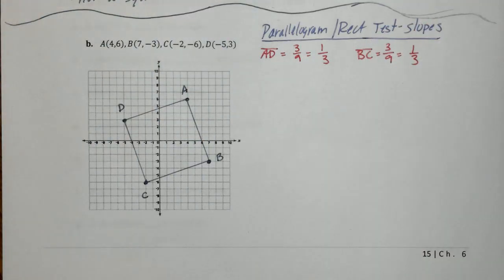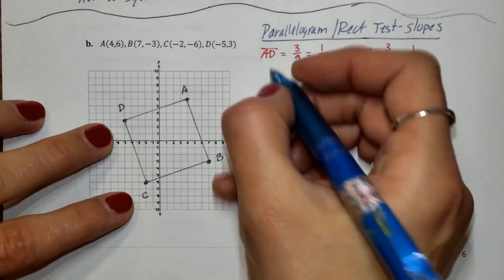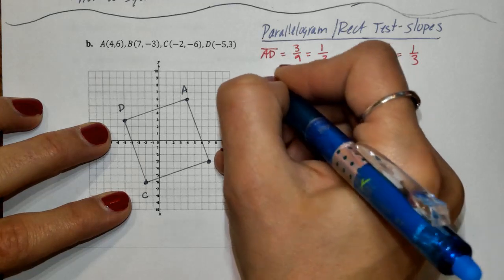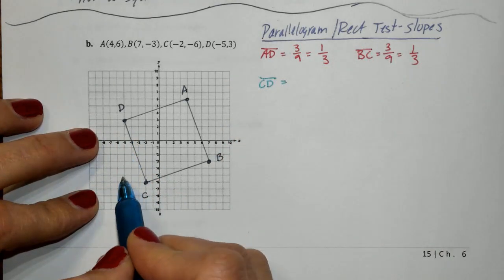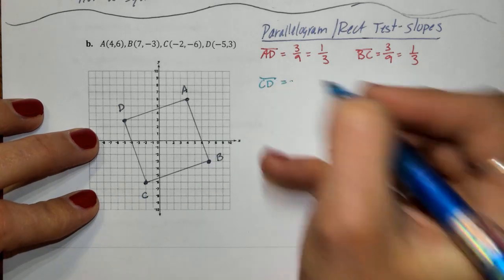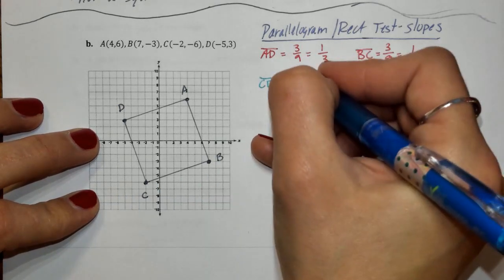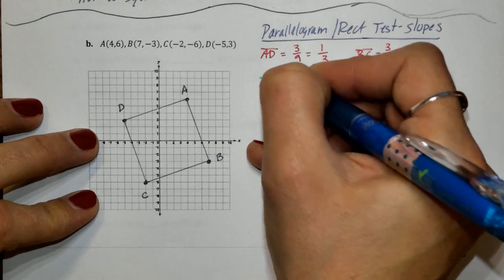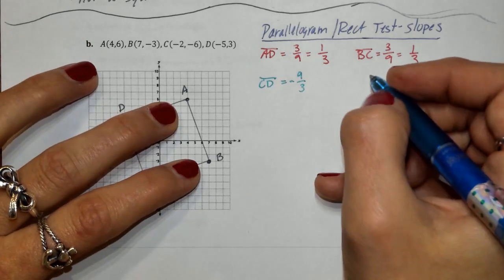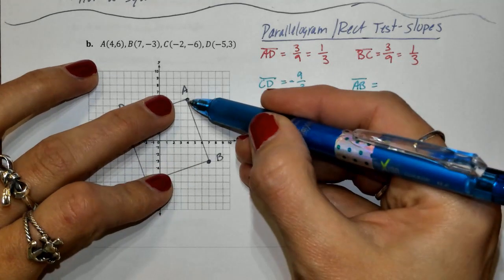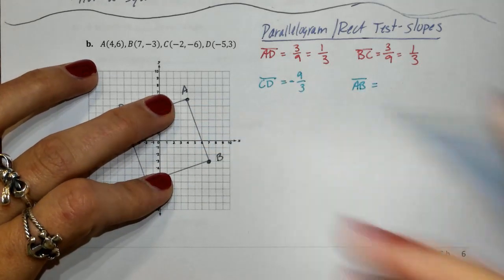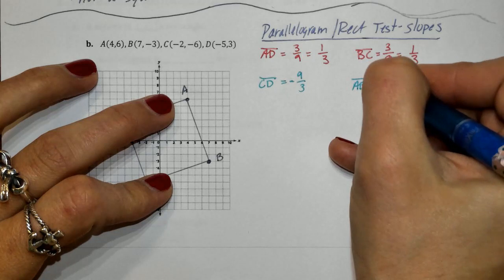So here we have one pair of opposite sides parallel, always check the other pair. So over here we have segment CD. We're going to find ourselves falling 9, so that's a -9, and then running 3, -9/3. Opposite side over here, segment AB, we're going to find ourselves -9/3.